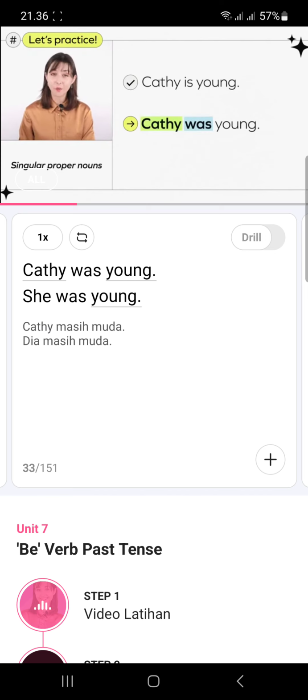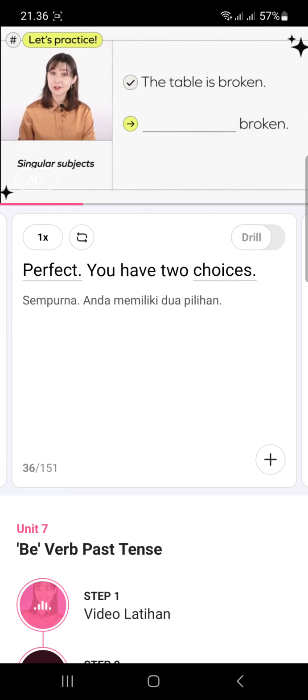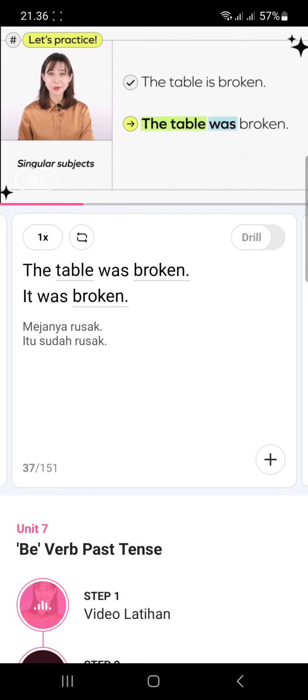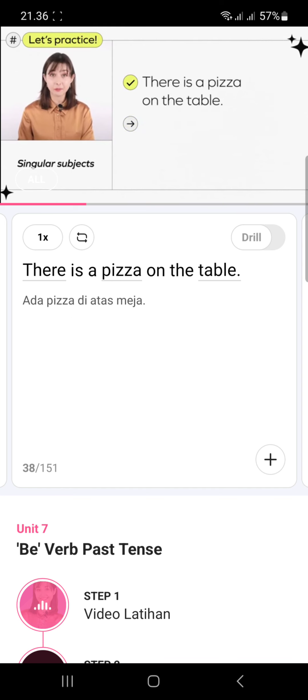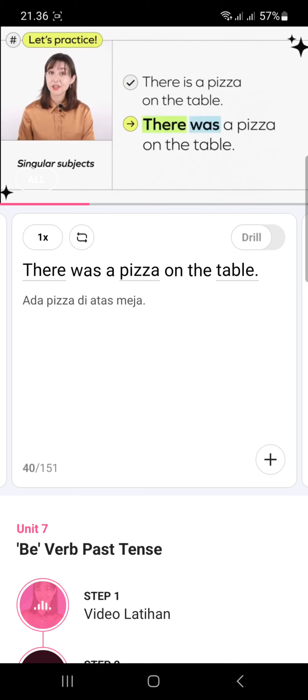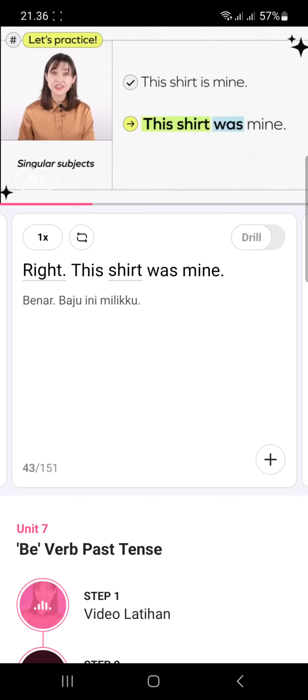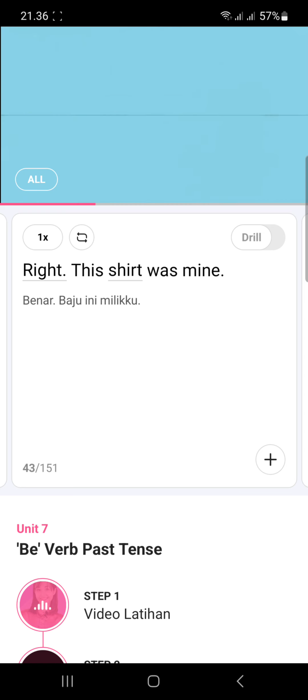Kathy was young or she was young. The table is broken. Perfect. You have two choices. The table was broken or it was broken. There is a pizza on the table. There was a pizza on the table. This shirt is mine. Right, this shirt was mine.